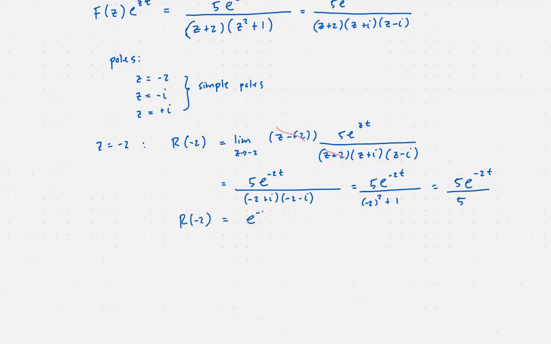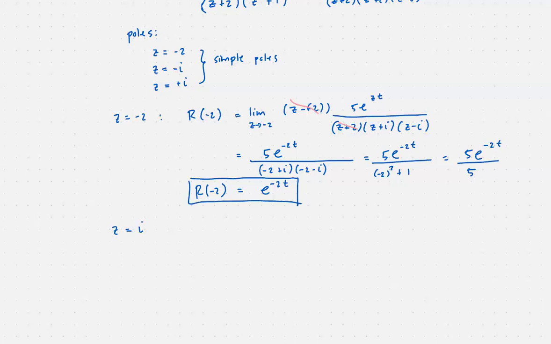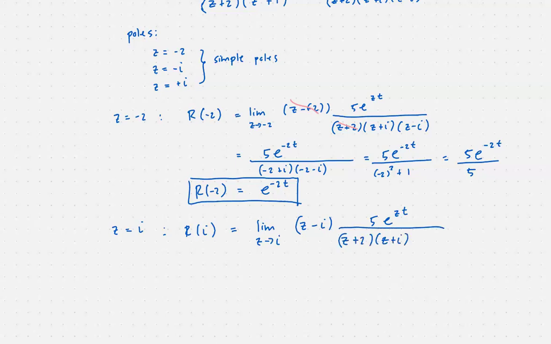Now for the second one, we're going to need the residue at i. So we have r at i is the limit as z approaches i of z minus i times 5e raised to zt over (z plus 2)(z plus i)(z minus i). Okay, so we can cancel out z minus i.